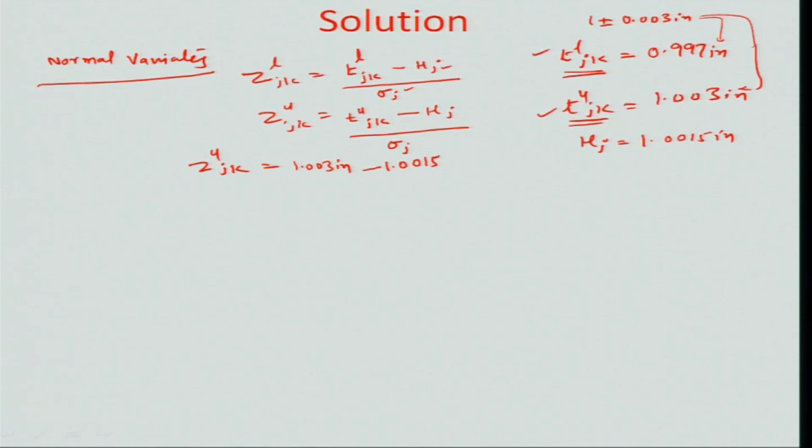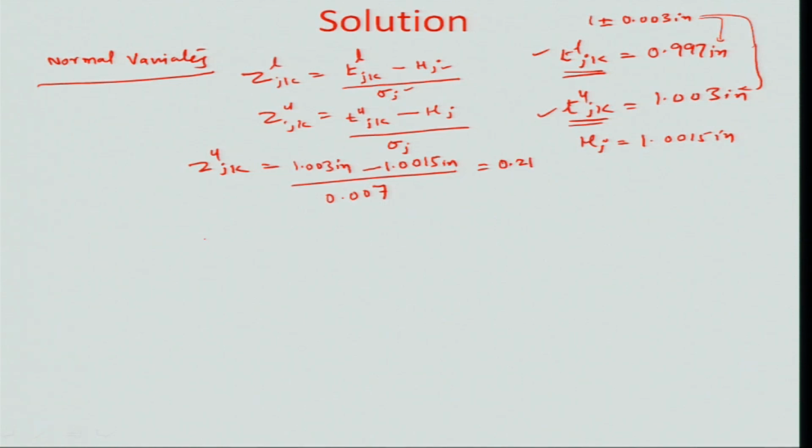That is how you have defined the process mean, and here the upper variate comes out to be 1.003 minus 1.0015, divided by the standard deviation for the jth process. The standard deviation for the first case, the turret lathe case, is recorded as 0.007. So this comes out to be 0.21.